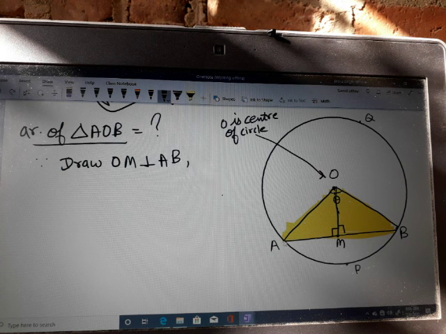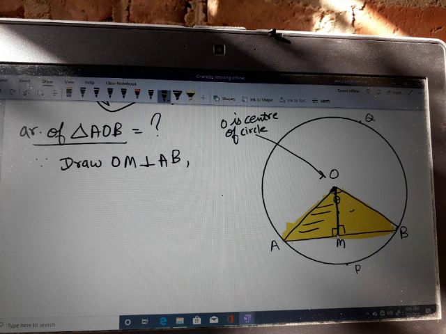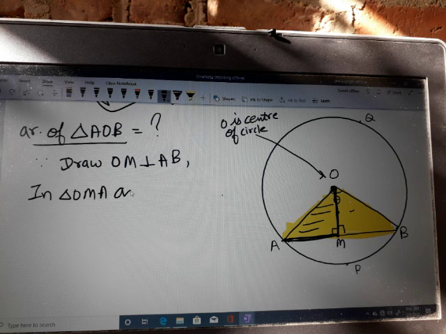Now I am considering this triangle OMA, and another triangle OMB.